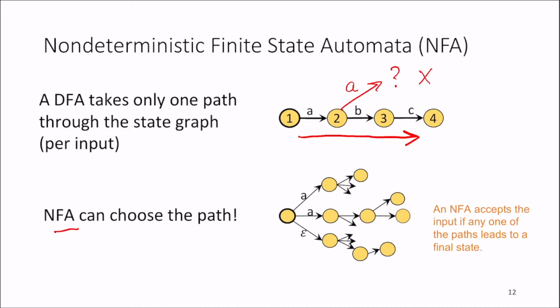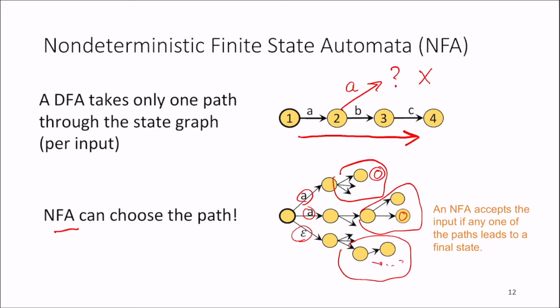In contrast, the NFA, on the same input symbol A, might end up in different parts of this state graph. And because of the introduction of the empty string, it can take that transition into that path as well. In order to say whether this NFA accepts the input, it's going to accept an input if on any path, somewhere here there might be a final state, or somewhere here there might be a final state, and then somewhere here.